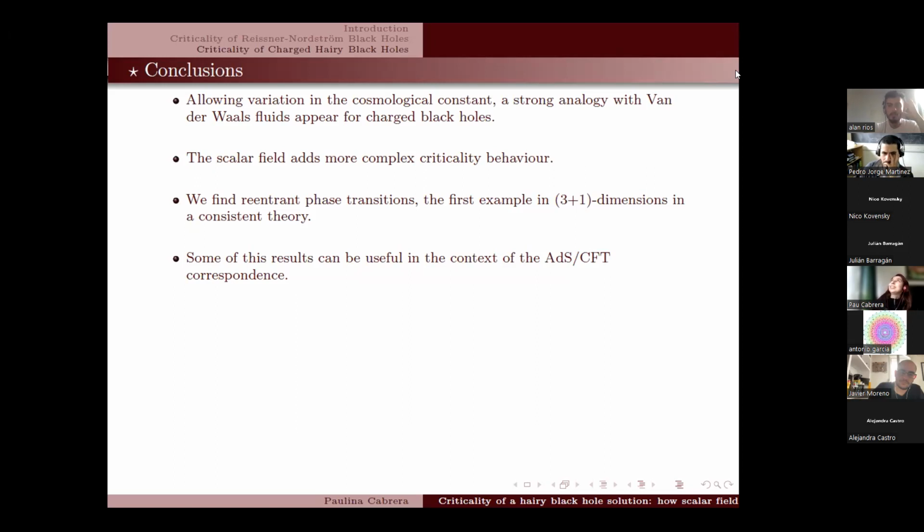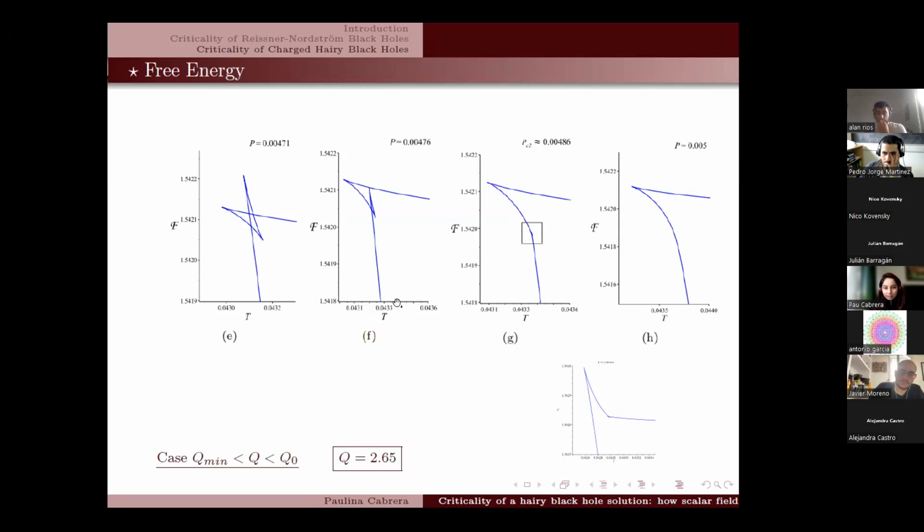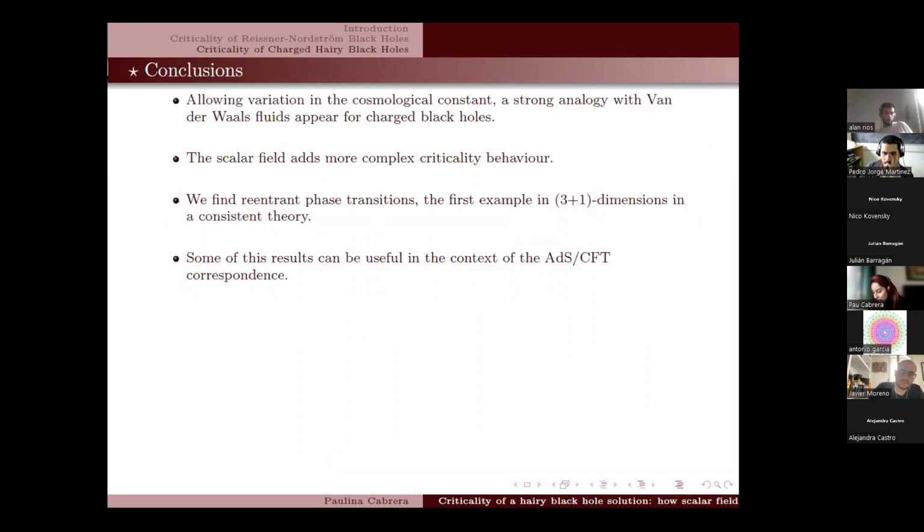And here it is important to notice that it may seem strange to vary the cosmological constant, but those phase transitions are found by it, at constant P. Otherwise we couldn't find this amazing behavior.